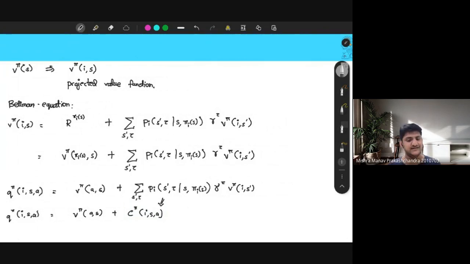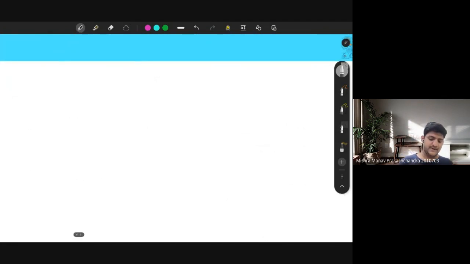Okay, so that's the reward I get for completing the particular subtask. So this is how the definition looks. So my q pi of i, s comma a is my v pi of a comma s plus c pi of i comma s comma a.